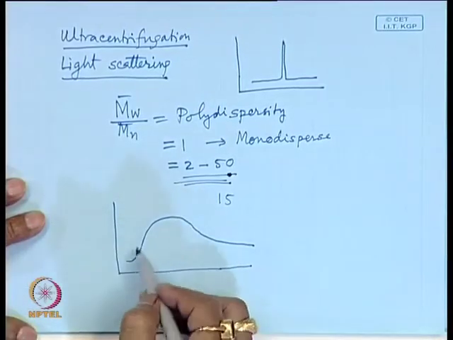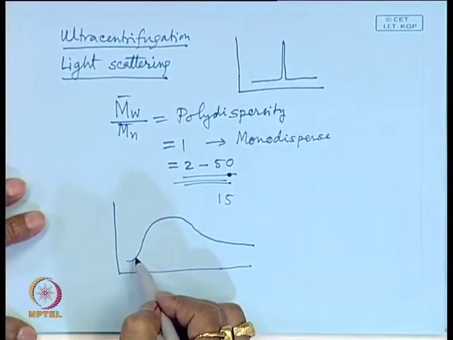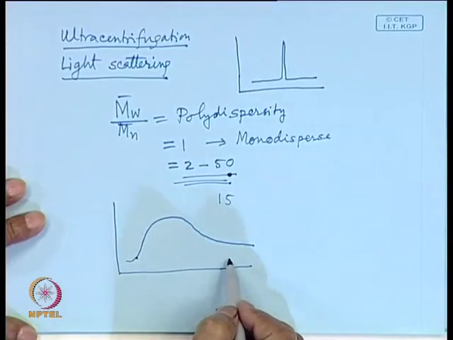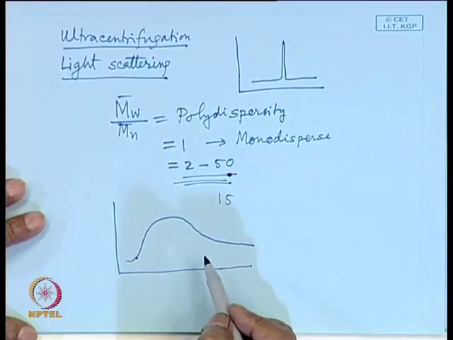That means it is a mixture of molecules of very low molecular weight with medium molecular weight with higher molecular weight. So, this polydispersity value is an indication of processability of a polymer either by solution or by melt technique.